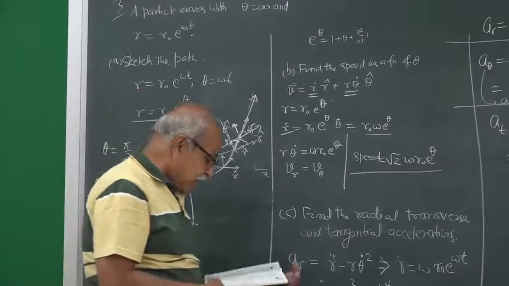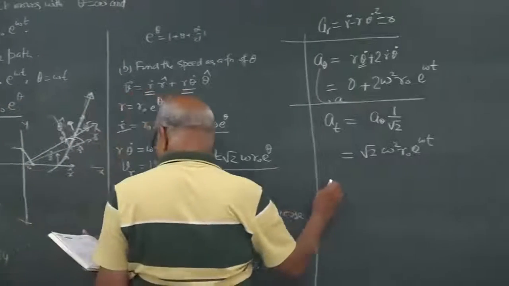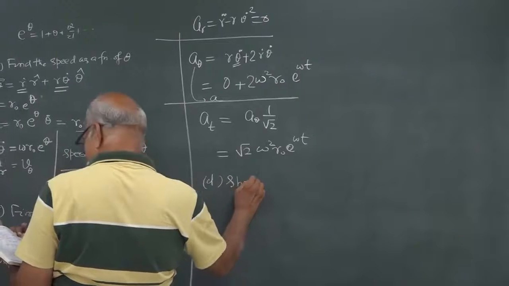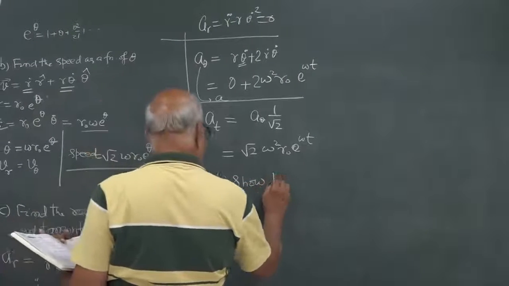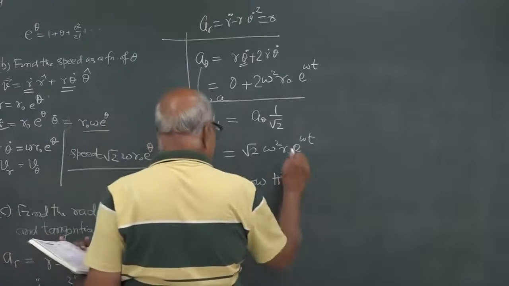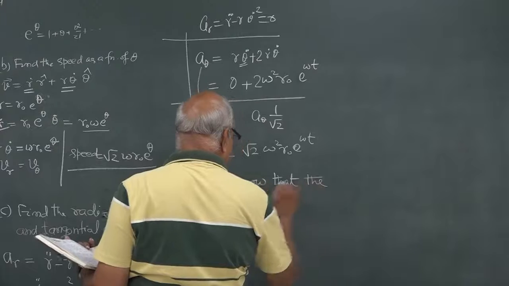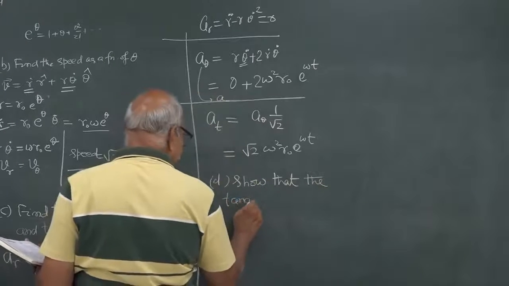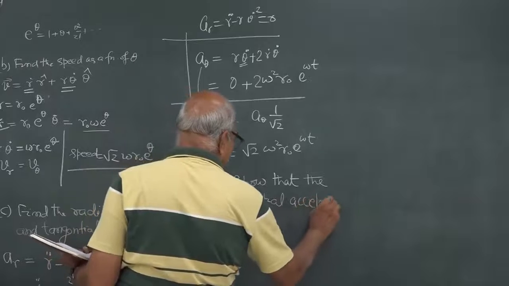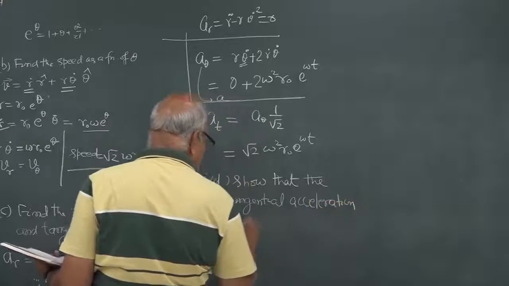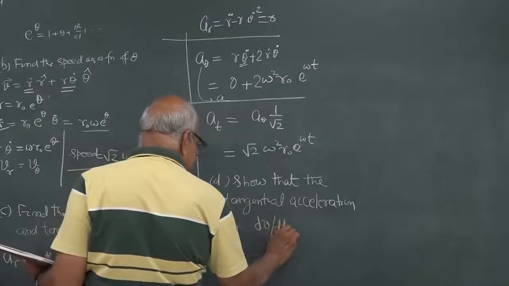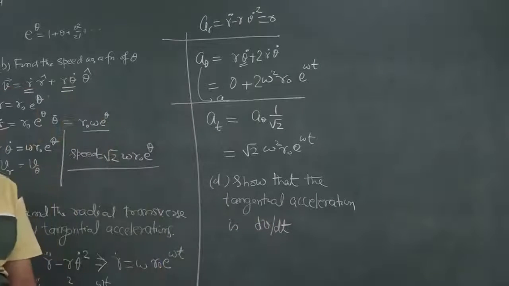Then the next part is to show that this tangential acceleration is dv dt, the rate of change of speed.